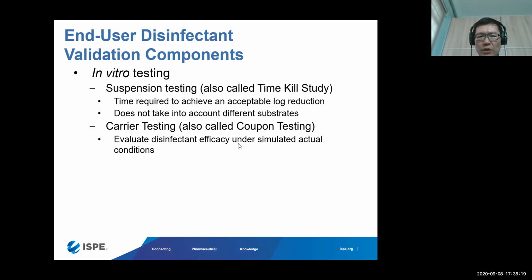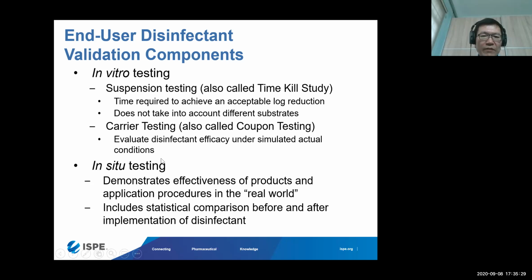This is more accurate to determine the efficacy of your chemical disinfectants. After you pass your coupon studies, you can start to use your chemical disinfectants in your actual cleanroom to perform the cleaning and disinfection.